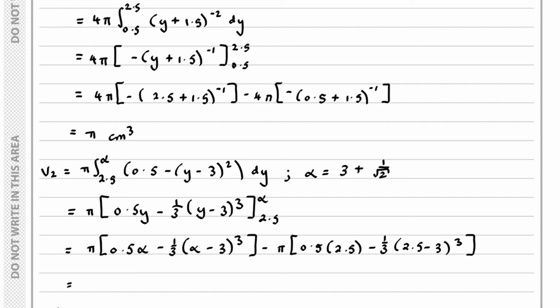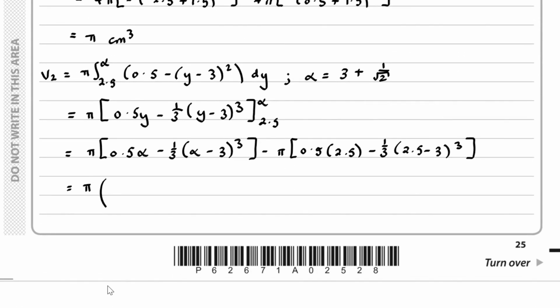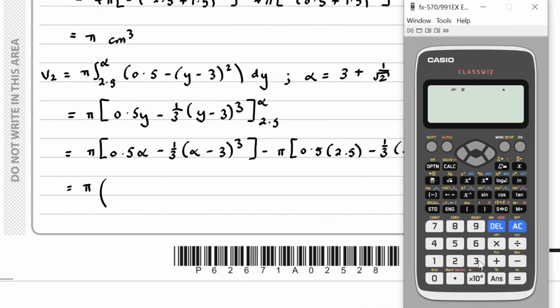So now we need to work all of this out. So let's work all of this out. For the upper limit, we're going to have pi lots of, well, here we've got 3 plus 1 over root 2, which is this. So here, if we store this into a, we've got 0.5 lots of a, which is this.